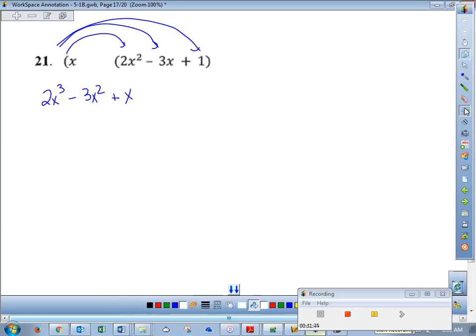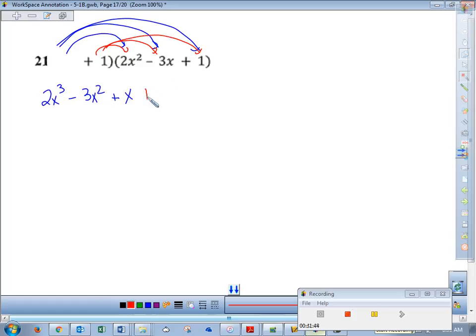Right? Then you just say, well, hey, there's also a plus 1 there. Now you need to take that plus 1 and distribute it to every single one of those guys also. So 1 times 2x squared is 2x squared minus 3x plus 1.